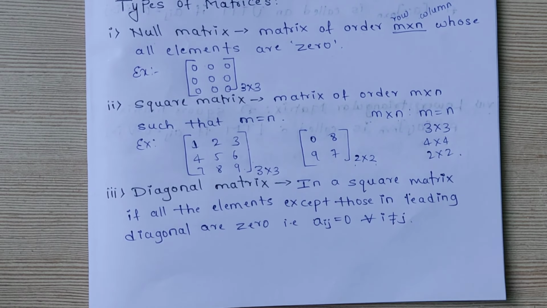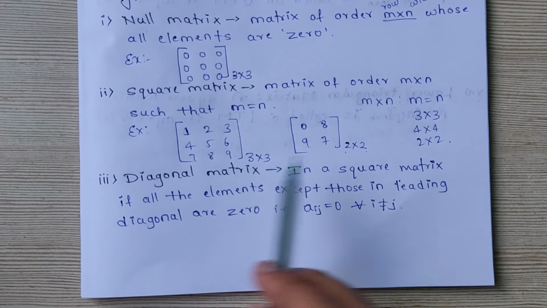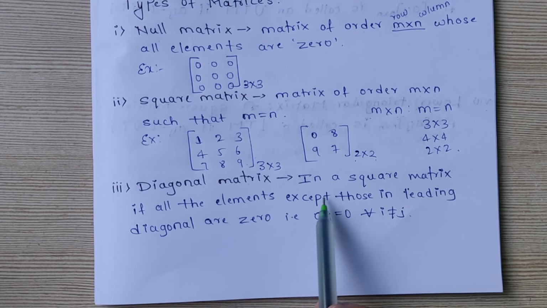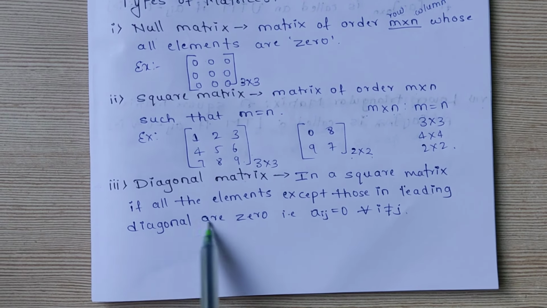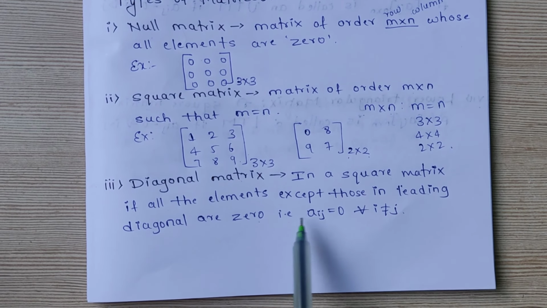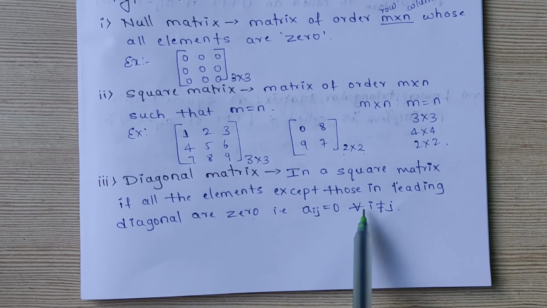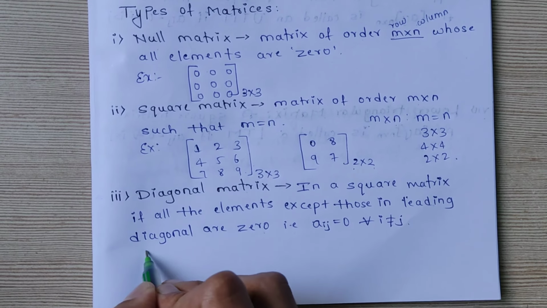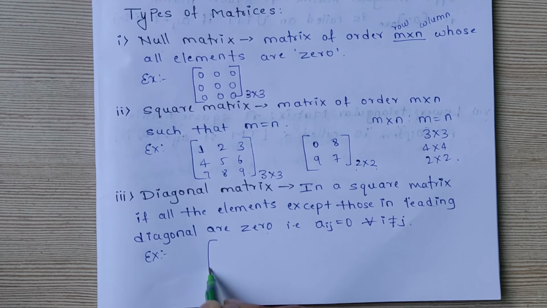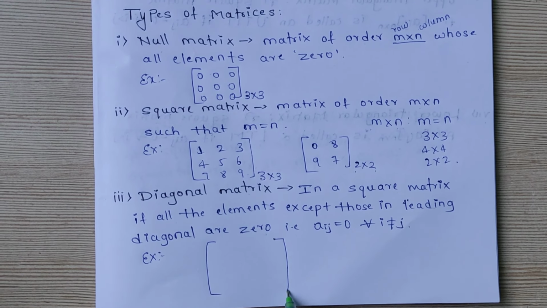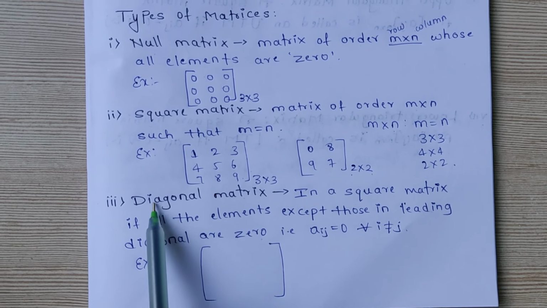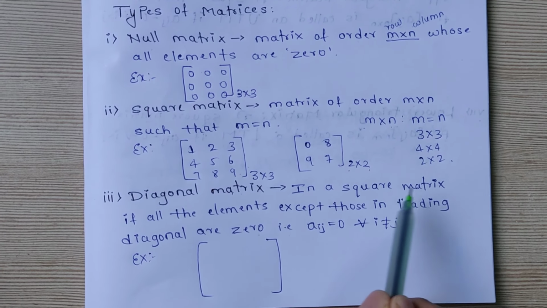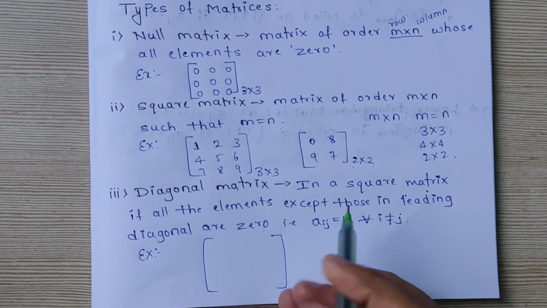The next type of matrix is the diagonal matrix. In a square matrix, if all the elements except those in the leading diagonal are 0, that is Aij equals 0 for all i not equal to j. For understanding, we'll take one example. For a diagonal matrix, it should be a square matrix. It is mandatory.